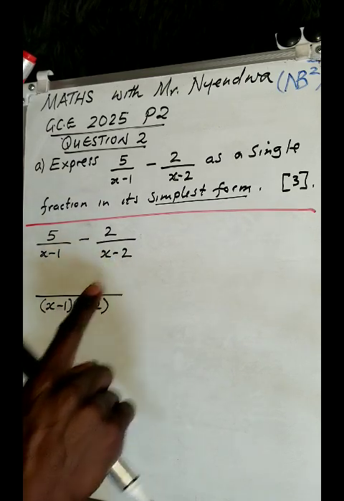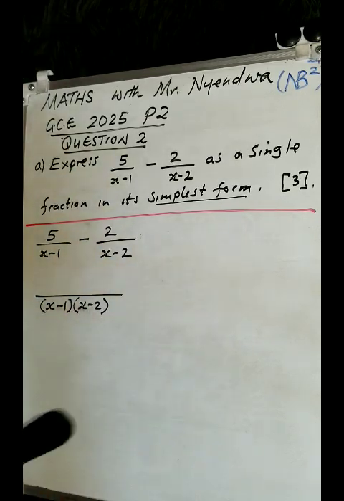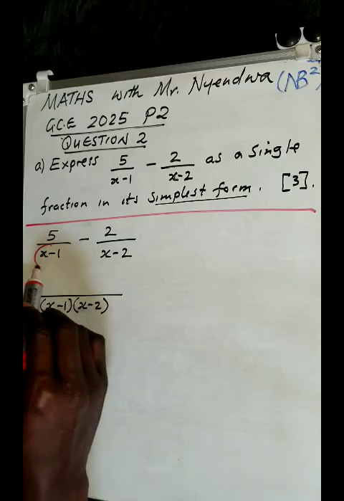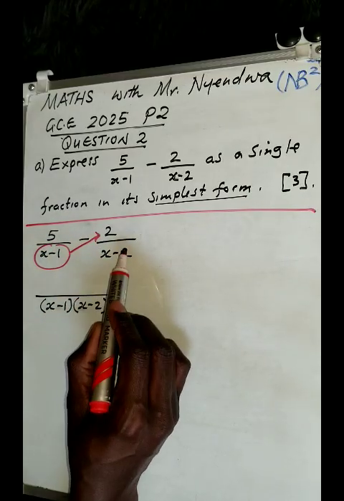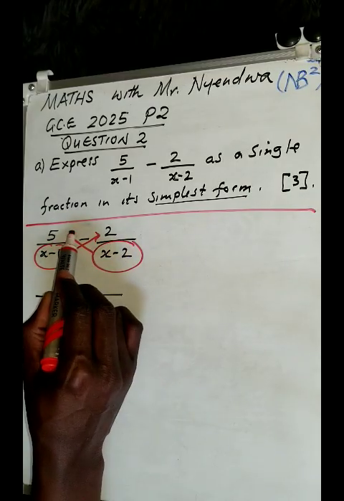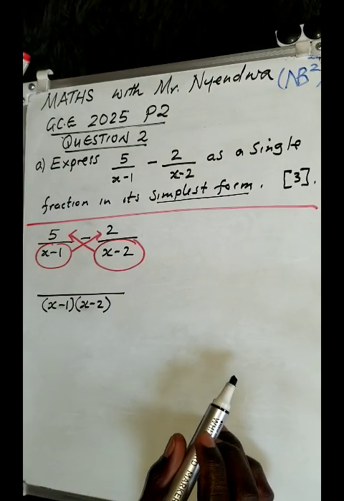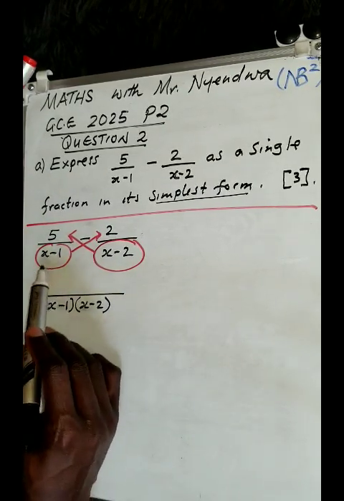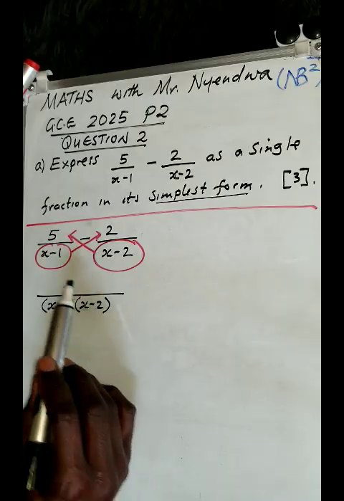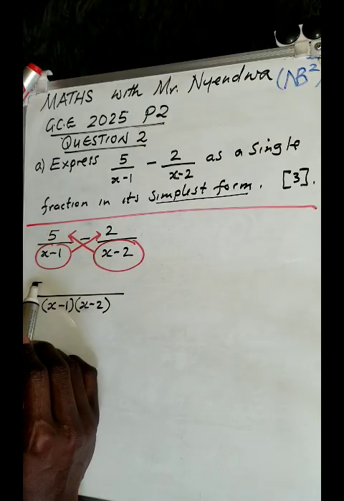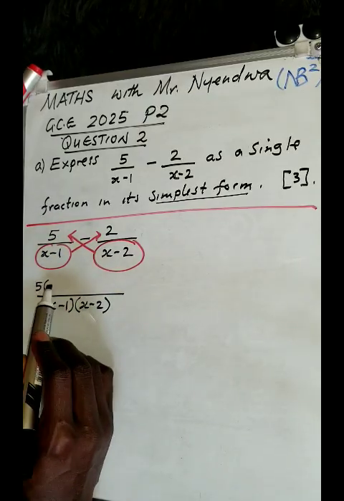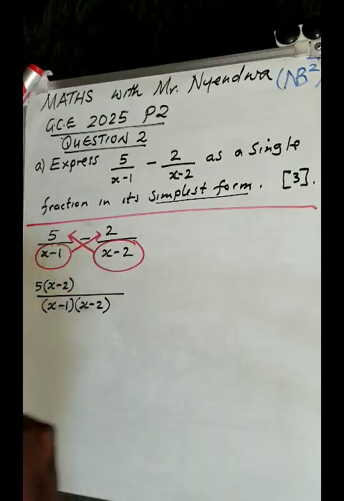Now, you multiply the first term's numerator by the other bracket: when x minus 1 goes into the denominator, it cancels and you remain with x minus 2 multiplied by 5. So it will be 5 times x minus 2.